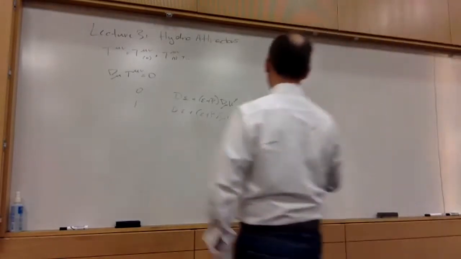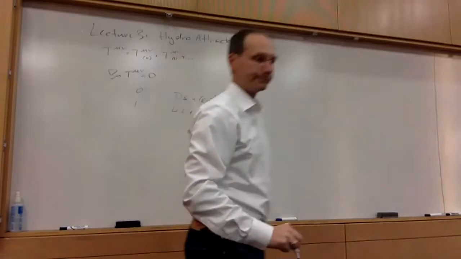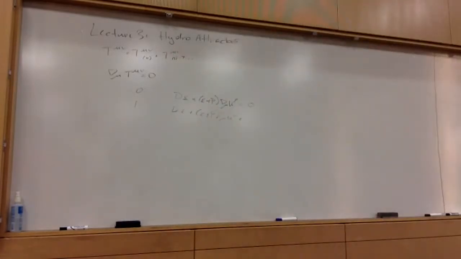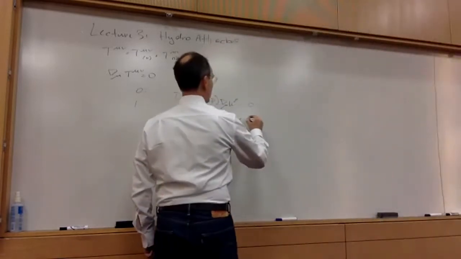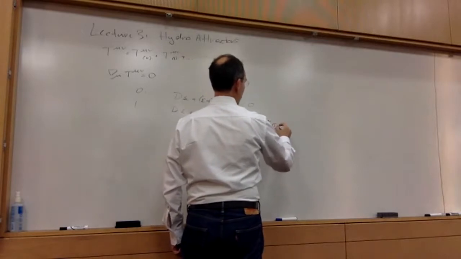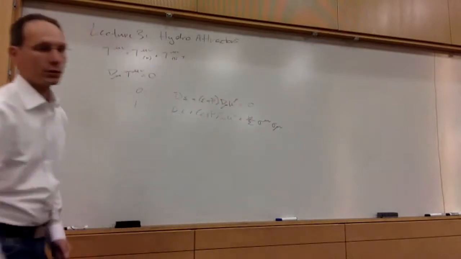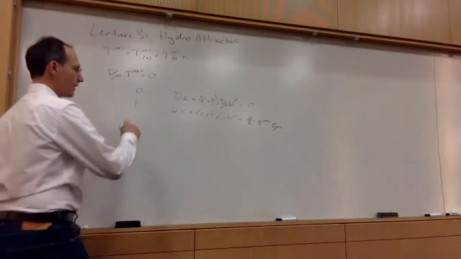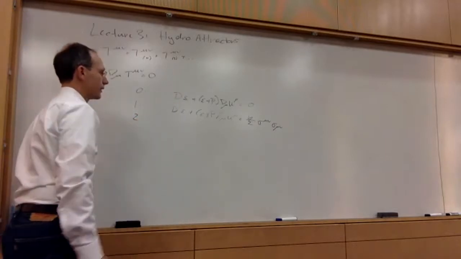In particular, you get terms that look like this: eta over 2 sigma mu nu sigma mu nu, where sigma mu nu is the shear stress. And then at second order, you get higher order terms.